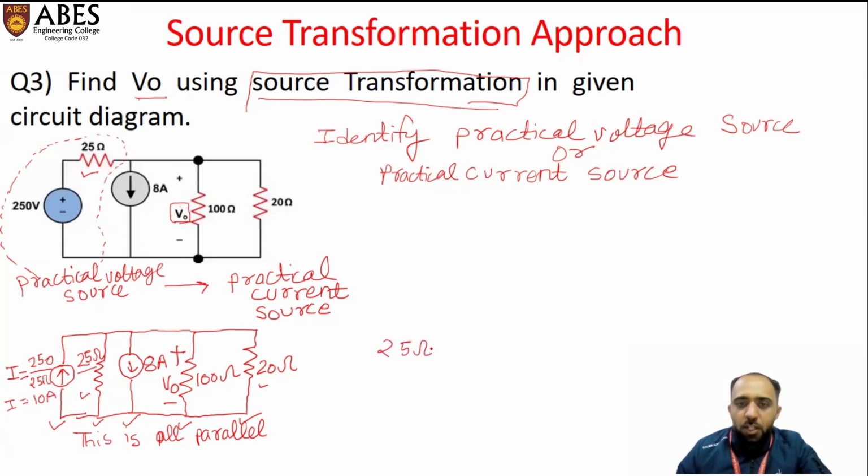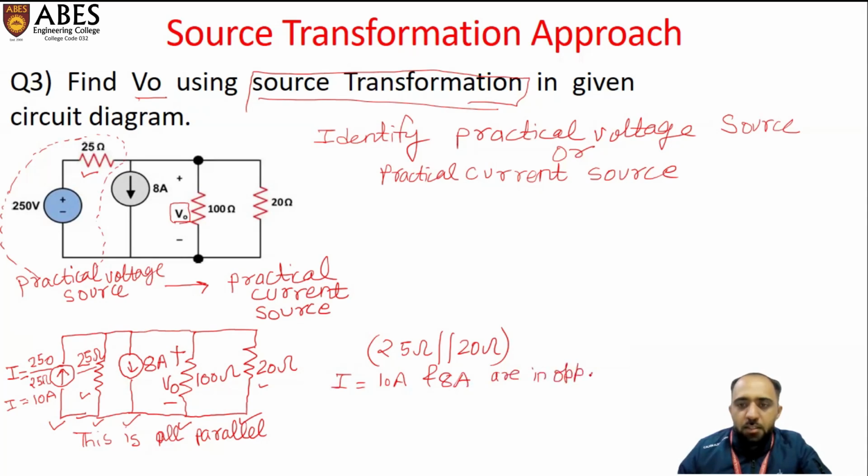I'm writing here 25 ohm and 20 ohm resistance will be in parallel. I need to draw one more circuit to simplify this. So I am writing here 25 and 20 ohm in parallel, and the current source 10 ampere and the 8 ampere are in opposite direction.